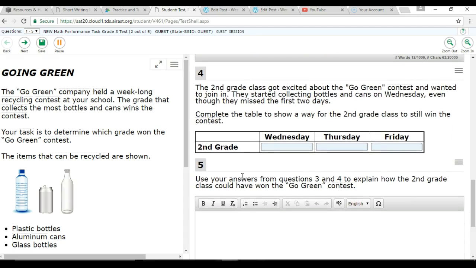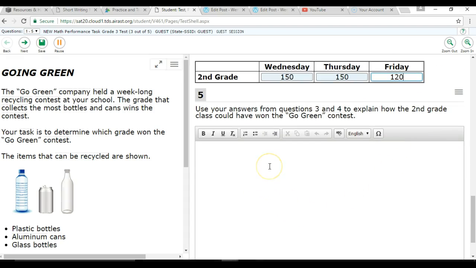So then the question was, what do we need to do for the 2nd grade class to win, who will start earlier? And I just did 150, 150, and then one has to be more than 110, so I did 120. And that would be 420.